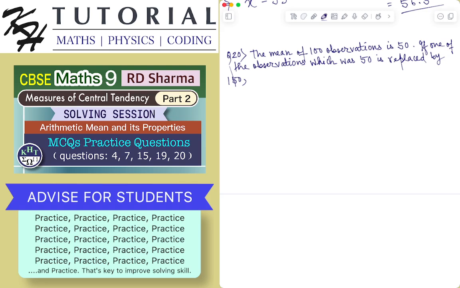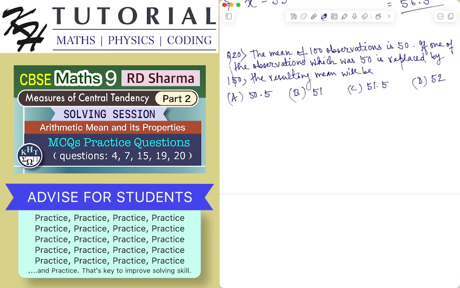If one of the observations which was 50 is replaced by 150, the resulting mean will be: the choices are 50.5, 51, 51.5 and D is 52.